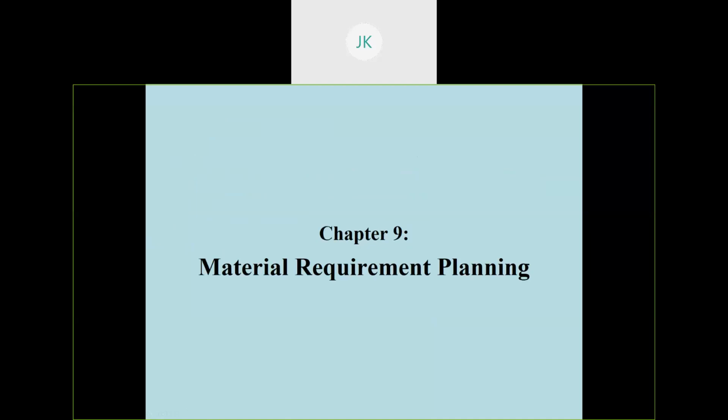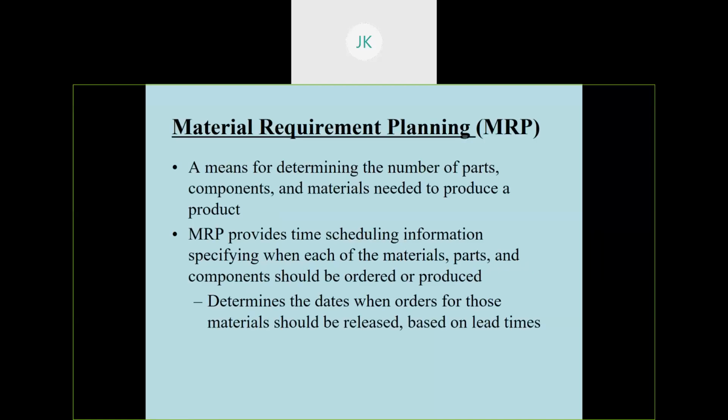Chapter 9, Material Requirement Planning. Simply, we call it the MRP system. This is a means for determining the number of parts, components, and materials needed to produce a product.